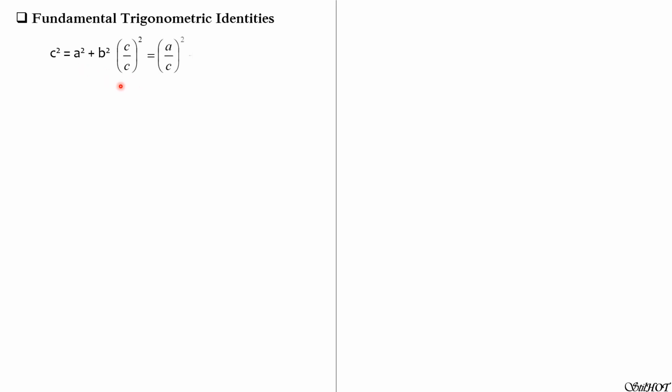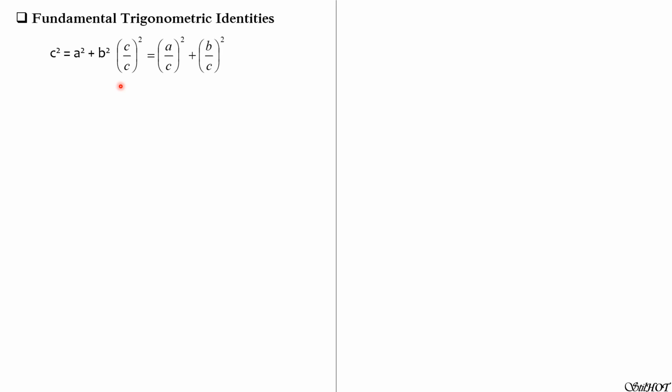So next we have the fundamental trigonometric identities. We recall Pythagoras theorem, c square equals a square plus b square. If we divide everything through by c square, then we have 1 on the left side, or c over c quantity square, equals a over c quantity square plus b over c quantity square.